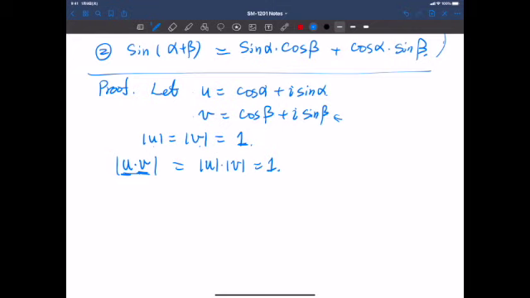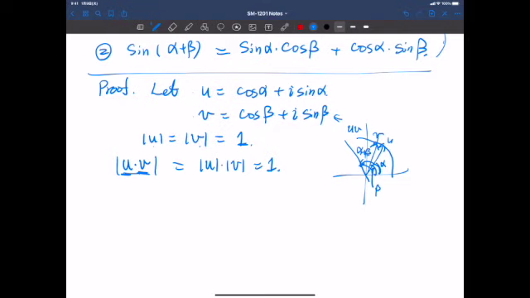Okay, so that means if we rotate, let's say this is u with angle alpha and this is beta, then same length, unit length, and if we multiply u and v, the resulting uv will have the angle alpha plus beta, because alpha rotated by beta gives alpha plus beta as the argument, right?